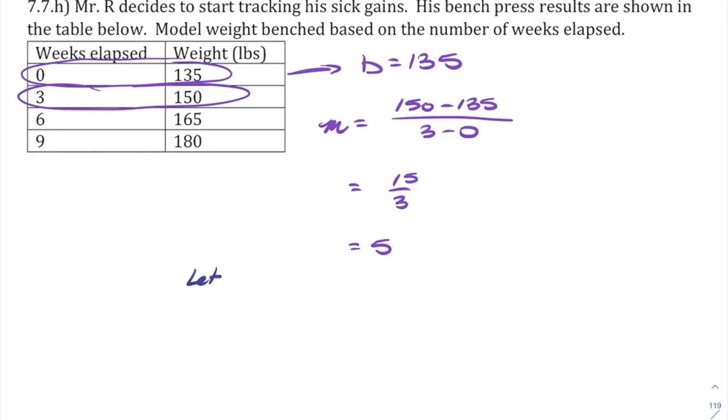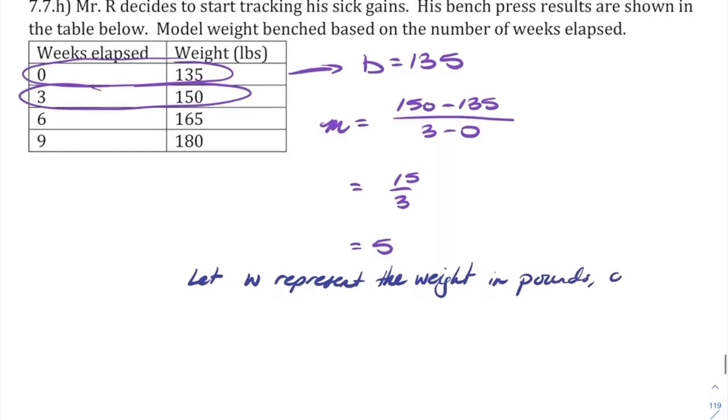We have the intercept. We have the rate of change. Let's pick some variables. Let's be done. I will choose W for the weight, which is measured in pounds.